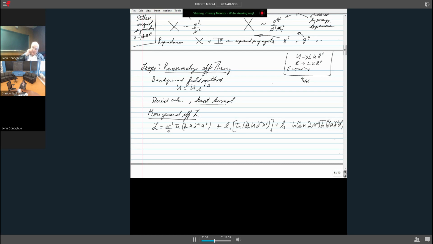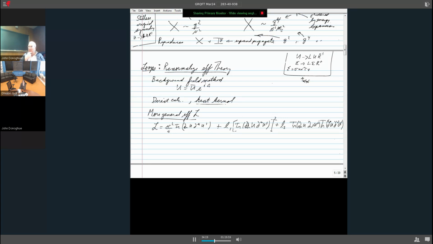And I'll give these guys some names, L1 and L2. L1 is trace of d mu U d mu U dagger. So give that guy a coefficient and give this guy a coefficient.